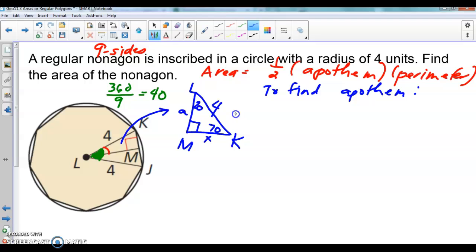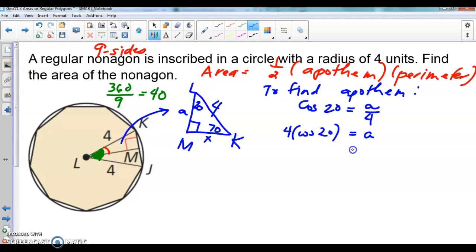Whichever you prefer. I'm going to use cosine. So cosine of 20 degrees is equal to adjacent, which is A, over hypotenuse, which is 4. Solving for A, I get 4 times cosine 20.